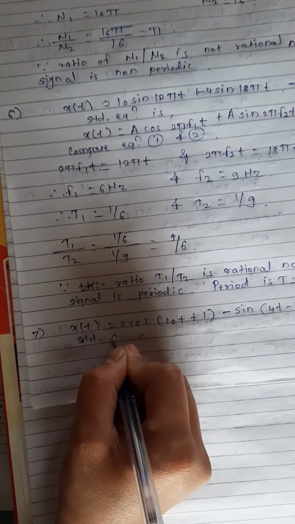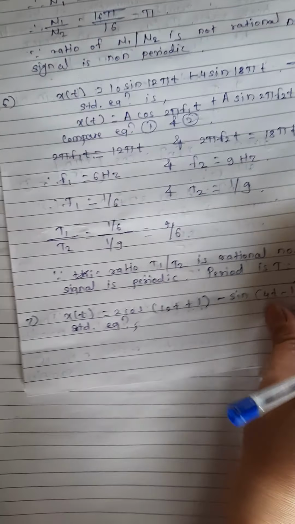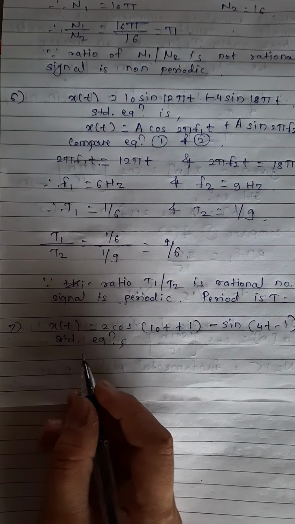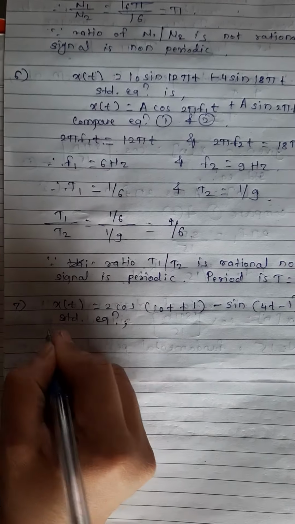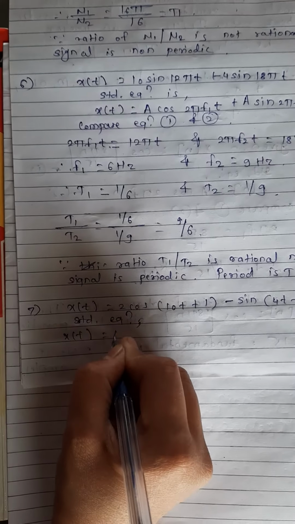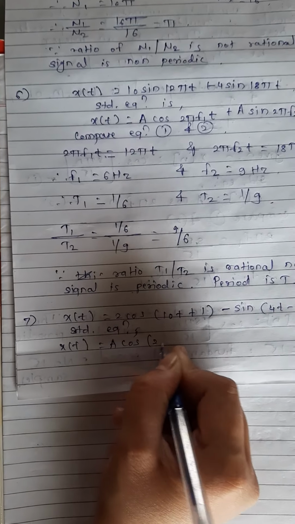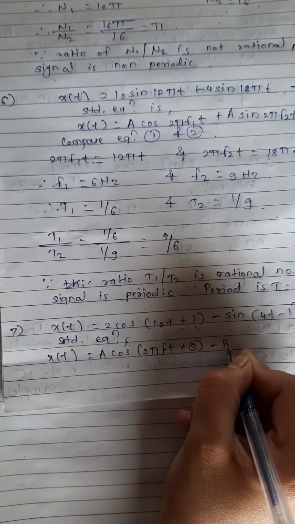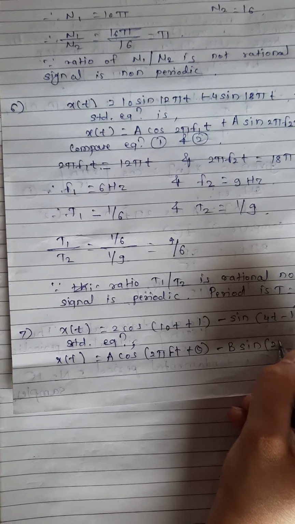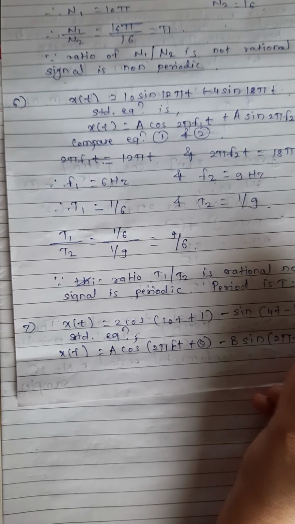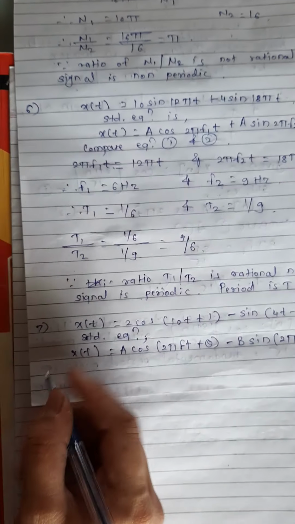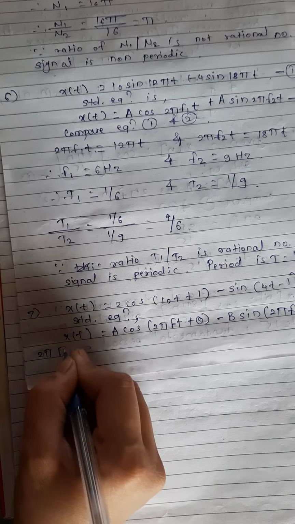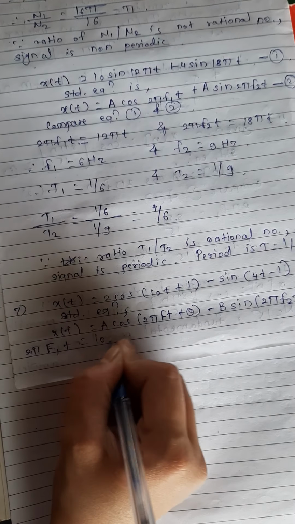Now we have the standard equation. So the standard equation is x of t is equal to a cos of (2 pi f1 t plus theta) minus b sin (2 pi f2 t minus theta). So 2 pi f1 t is equal to 10t.